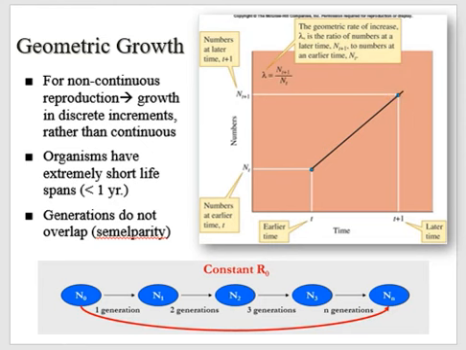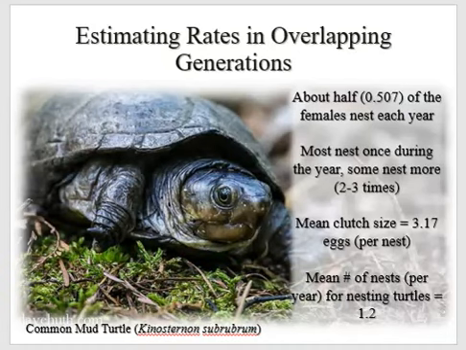Now, how does this change for overlapping generations? How do we estimate rates in populations where the generations overlap with one another? Things get a bit different. So for this example, we'll use the common mud turtle.